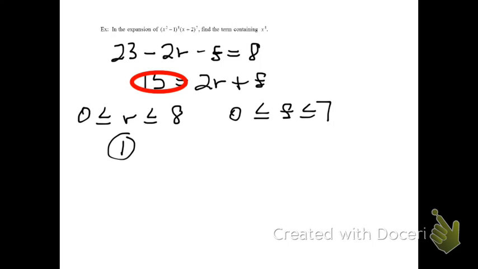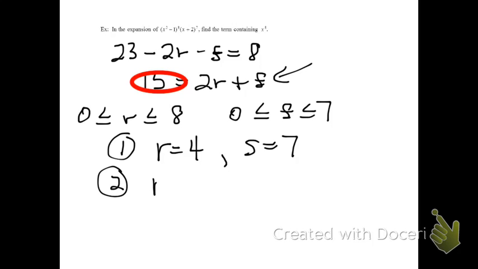Here's if R is equal to 4, for example, in this equation up here, then that would mean 2 times R is 8, so then S would have to be equal to 7, because 8 and 7 is 15. So I have that combination. Okay, if R was equal to 5, then S would have to be equal to 5, and that would give me 15.